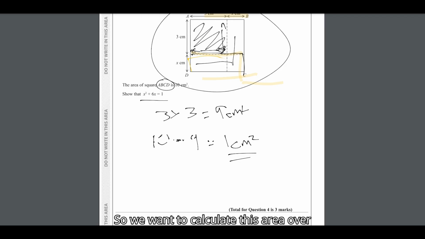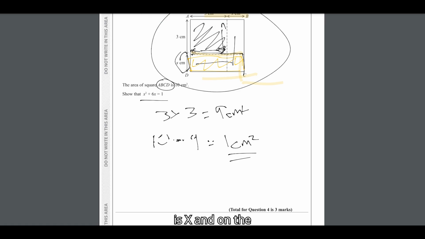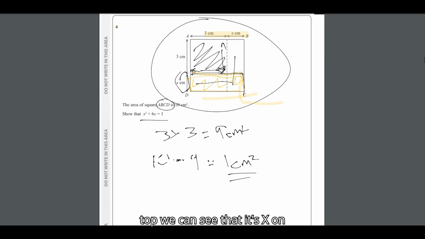So we want to calculate this area over here, this little shaded region. This shaded region is x on this side, and on the top we can see that it's x on this side and 3 on this side. Remember that it's a rectangle, so 2 of these sides are the same.